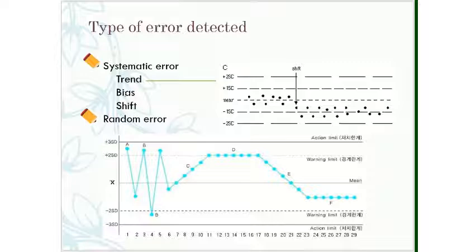So for bias, it is consistently on the same side of the section, not symmetrical, it may be near plus minus 1 SD or more. And for shift, it is a sudden change in control mean. Sudden change in control data. For random error, it is a change in control value that is not consistent and the magnitude is unpredictable.